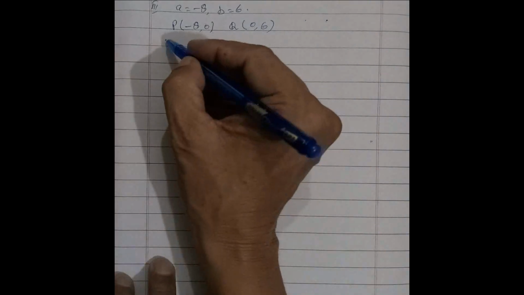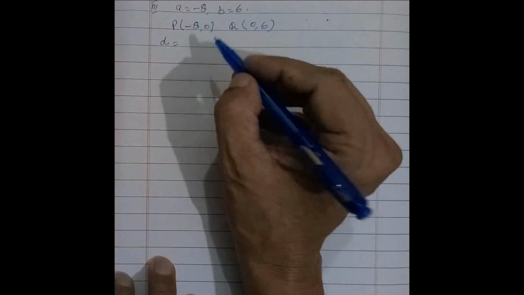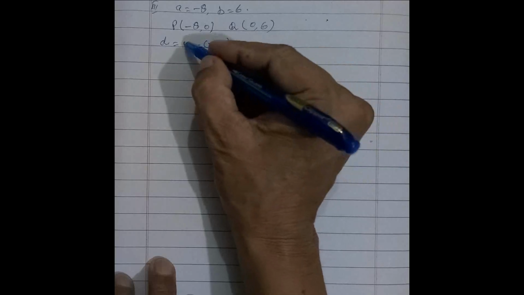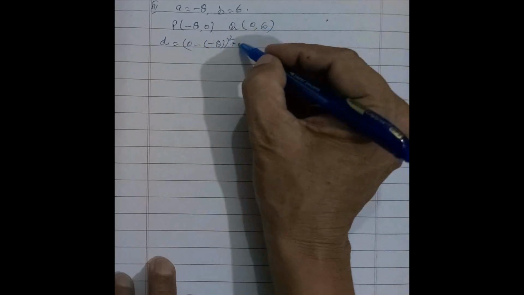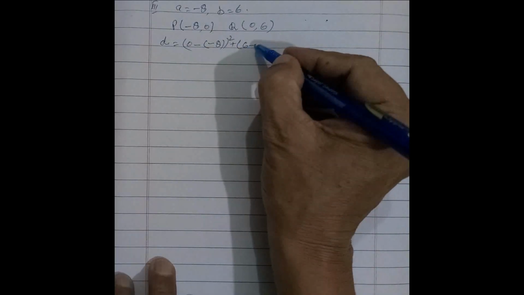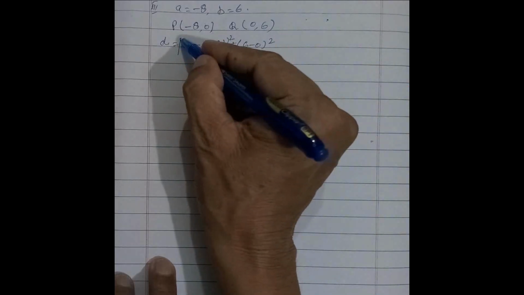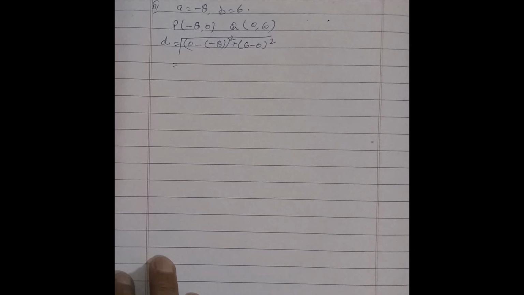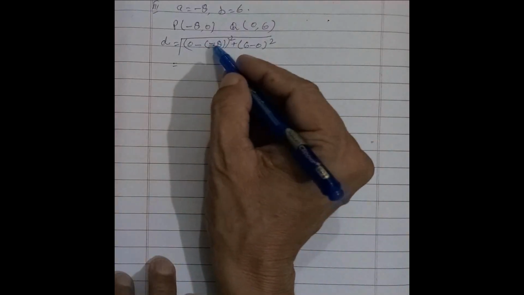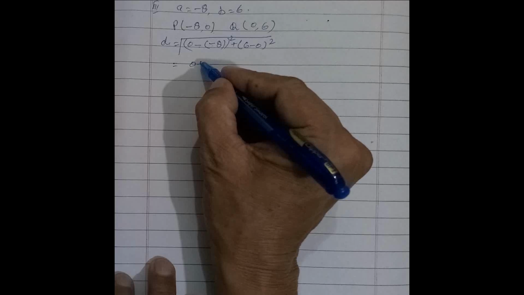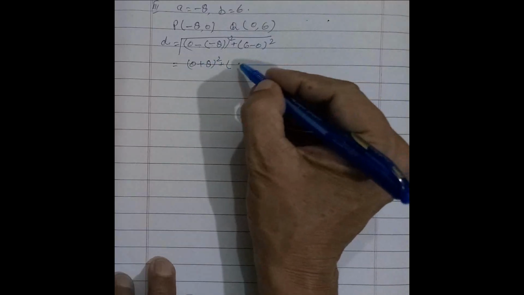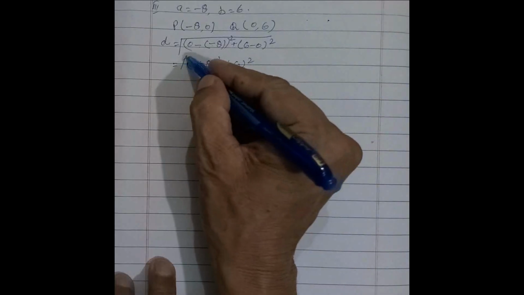Now we find the distance between P and Q. d is equal to x2 minus x1, which is (0 minus minus 8) whole square plus (6 minus 0) whole square, square root. And now we simplify these values: 0 plus 8 whole square plus 6 whole square.